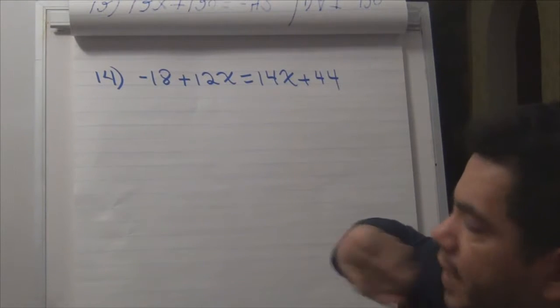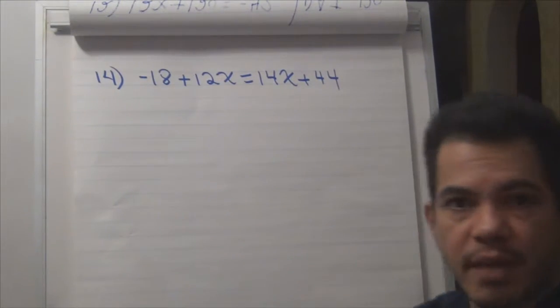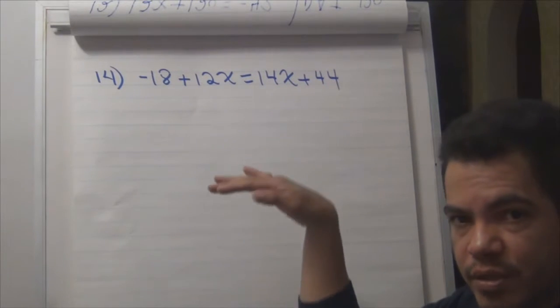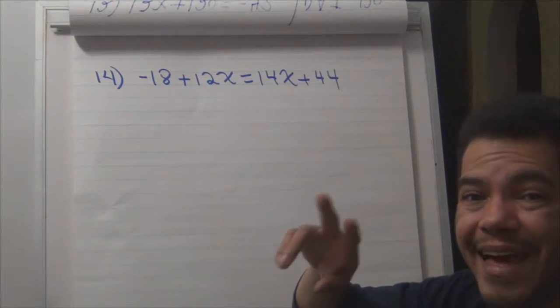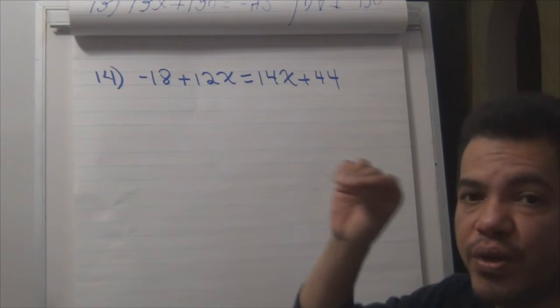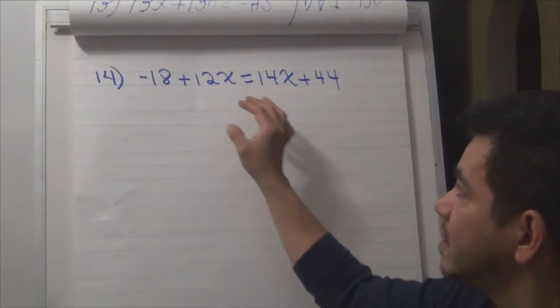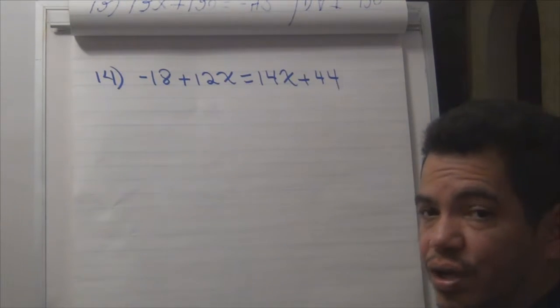Now, let's see what we have. When we have two-step equations, we only use the additive inverse and the multiplicative inverse. Those are the last two rules that we use when solving linear equations. But here we have more.